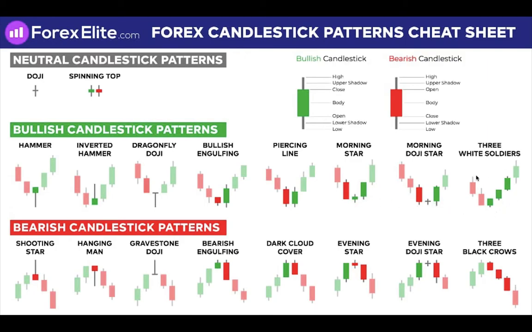And then there are 3 white soldiers. Some software uses black and white. This one uses red and green, so where there's green, it will be white.